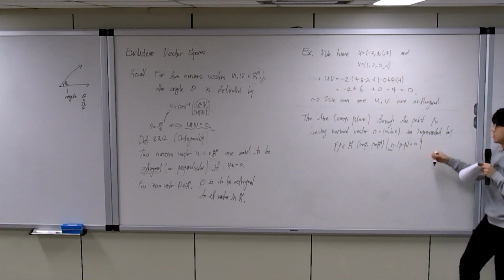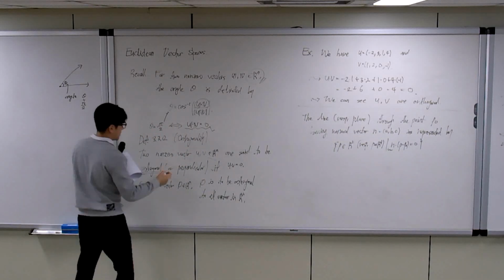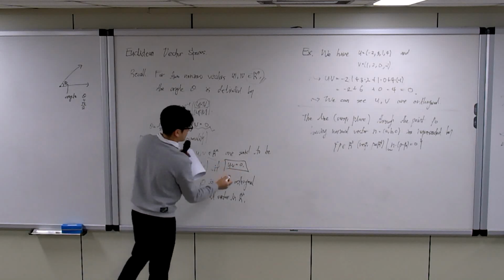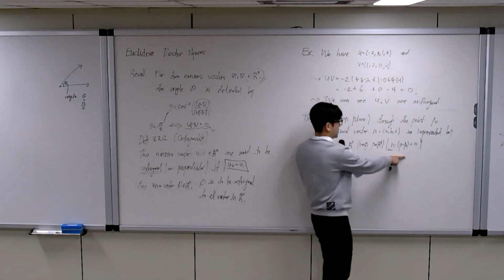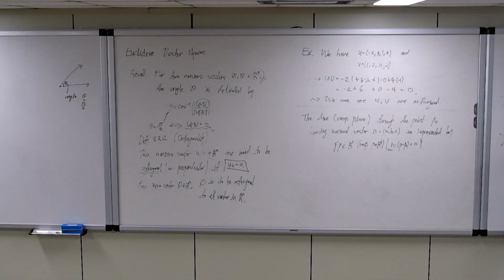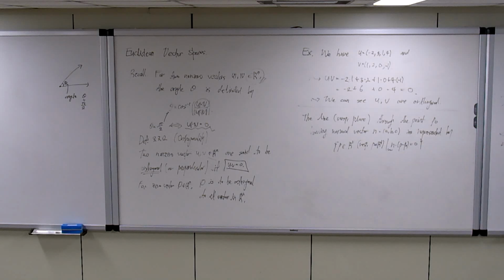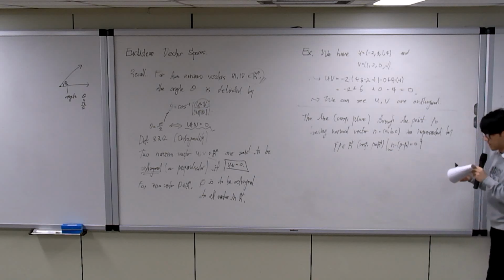And we defined the orthogonality by using the equation that the dot product is 0. So if we take any vector in the slope, then it will be orthogonal to the normal vector n.